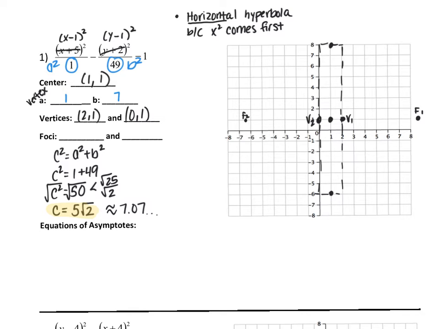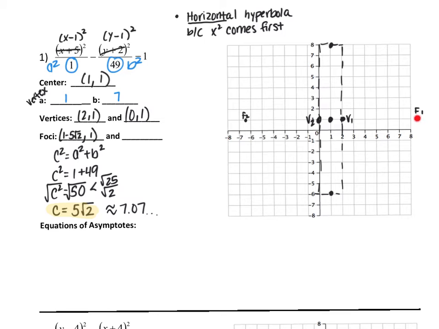And remember, to find the coordinates of the foci, what did we do? We're at an x value of 1, and we subtracted 5 radical 2, or 7.07. So that's our x value: 1 minus 5 rad 2, comma, your y value never changed, your y value is 1.